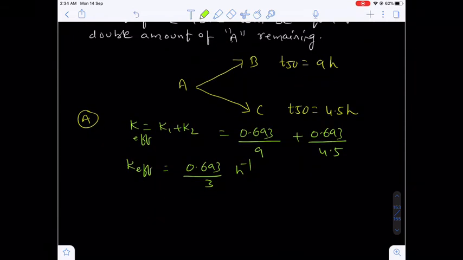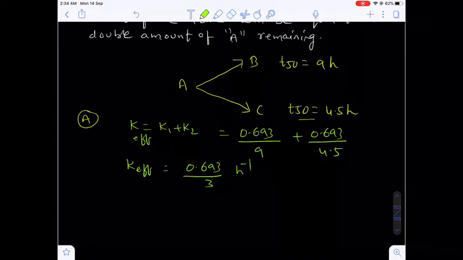Now here, if you observe the half-life, what is the half-life for the formation of C? A to C is 4.5 hours, whereas A to B is 9 hours. That means if you reach from A to B in 9 hours, the concentration of A becomes half, so half of the A will be converted into B. But from A to C the half-life is 4.5 hours.